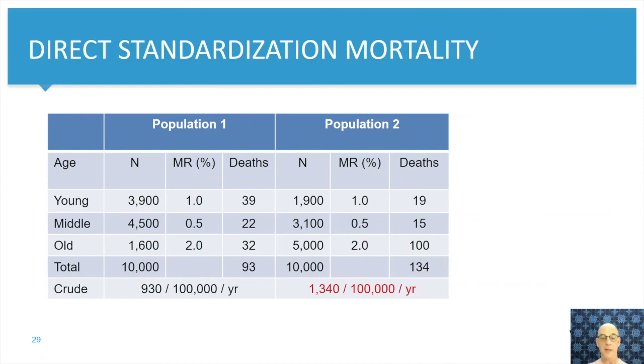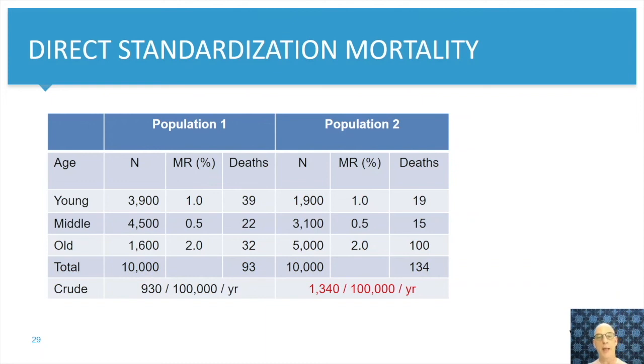And the main reason for that is because the age structure is different, with a few elderly people in population 1 and much more elderly persons in population 2. Therefore, comparison of the crude mortality rates of 930 and 1340 does not show the underlying identical risk of dying in the populations.